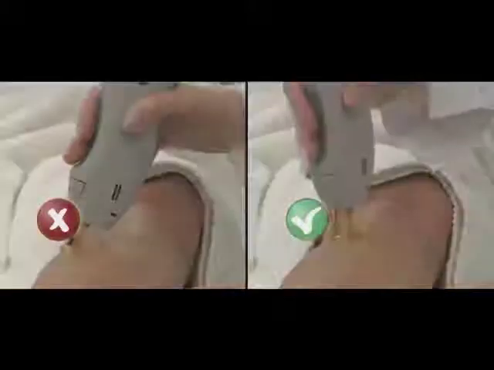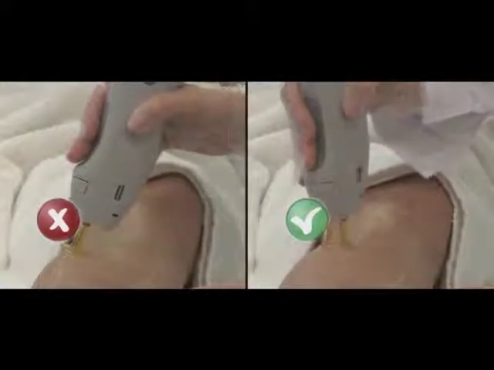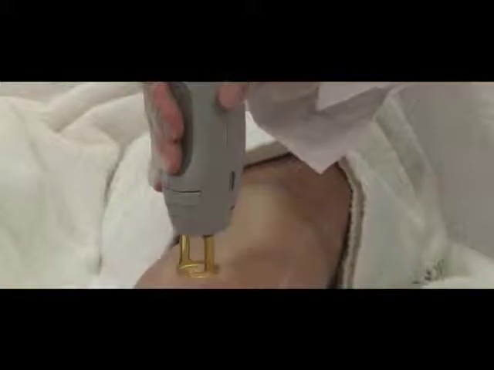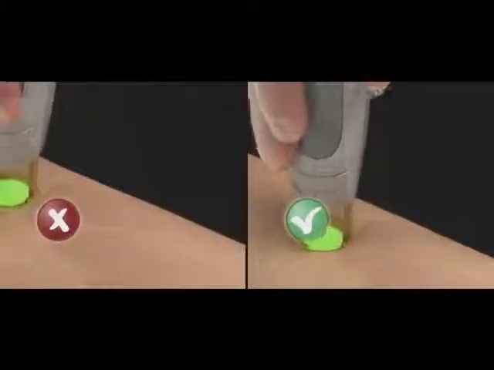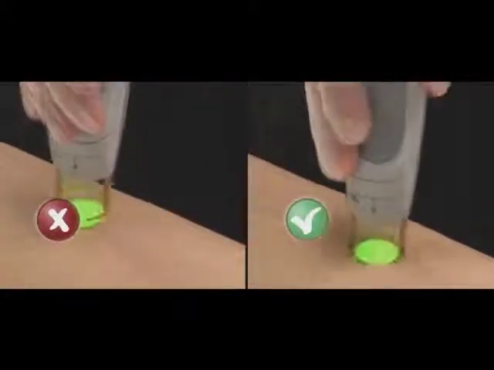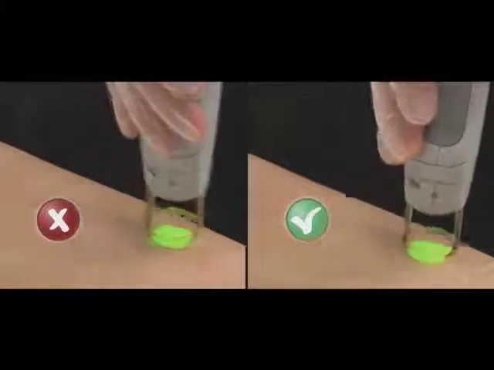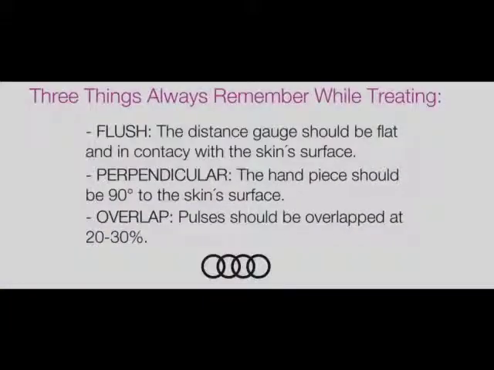The distance gauge should be perpendicular to the skin and not at an angle. Take care of this especially around curved areas of the body. Also be sure that the distance gauge overlaps approximately 20%. Remember, flush, perpendicular, and 20% overlapping.